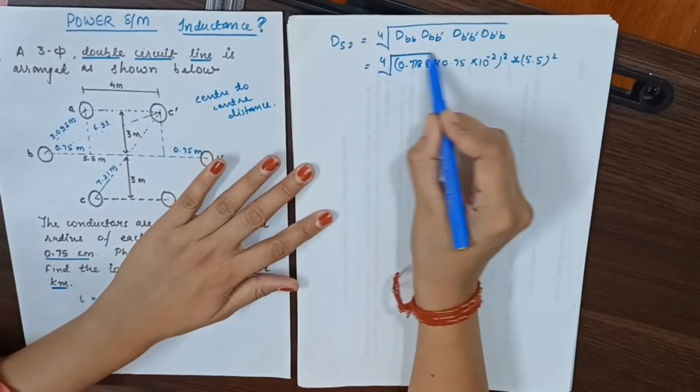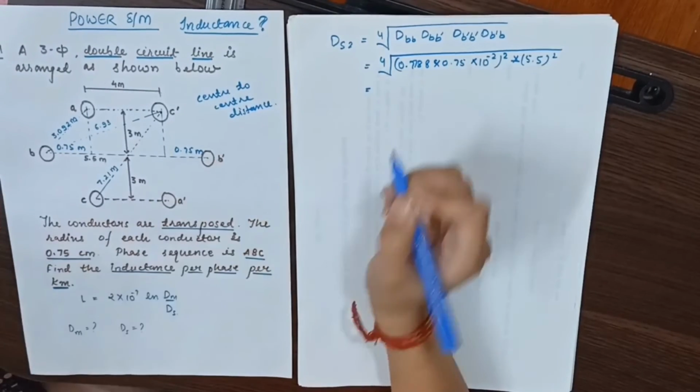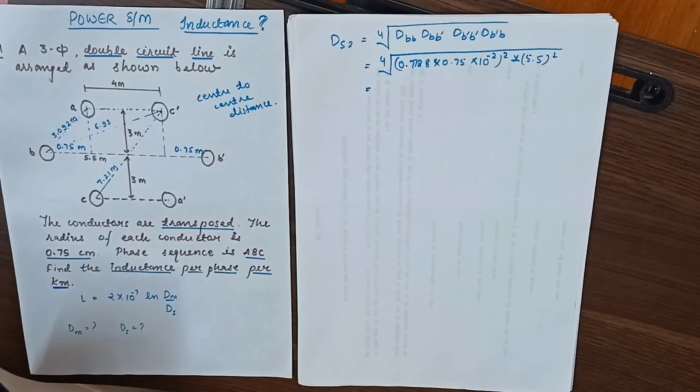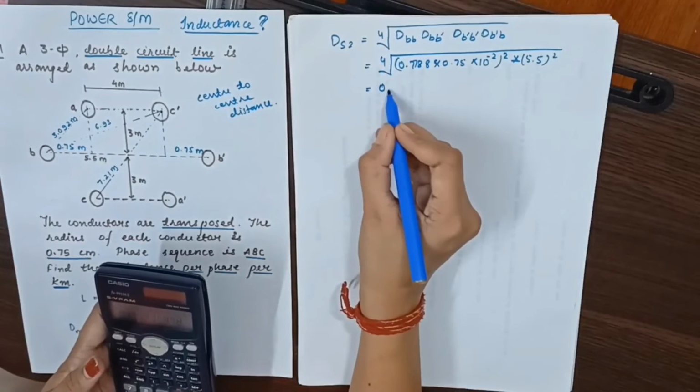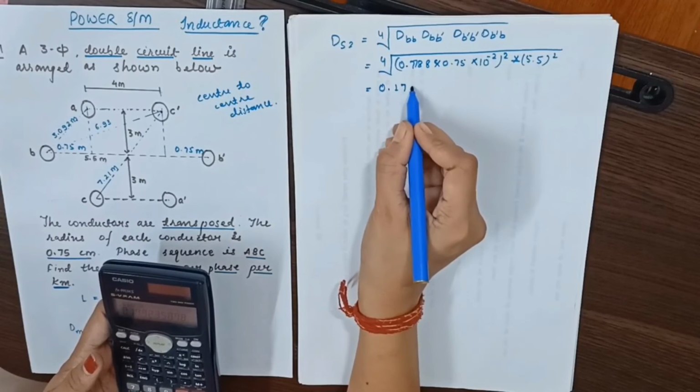On calculating these terms, we find Ds2 as 0.179 meters.